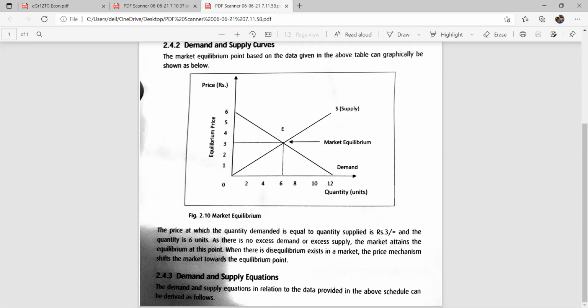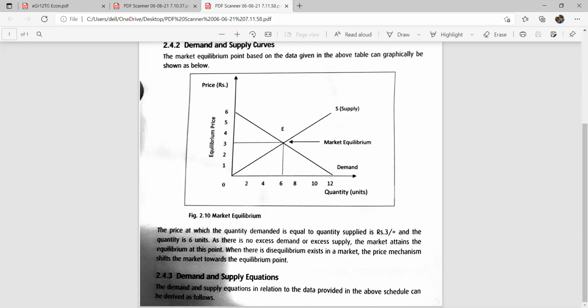Then the price decreased, quantity even decreased. That's how changes in demand. Next one, changes in supply. So increase in supply, decrease in supply. When the supply increases, the curve shifts to the right. When the supply decreases, the curve shifts to the left. That's how we realize the rightward shift and the leftward shift of supply.